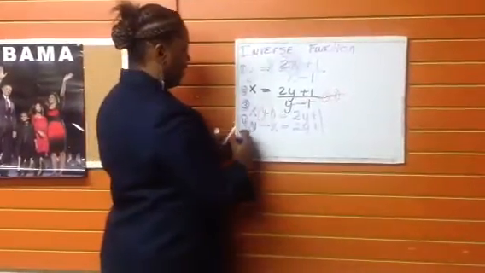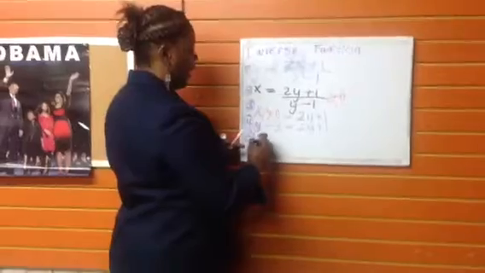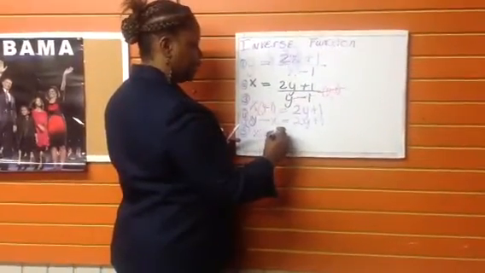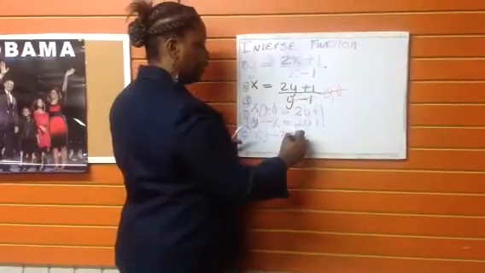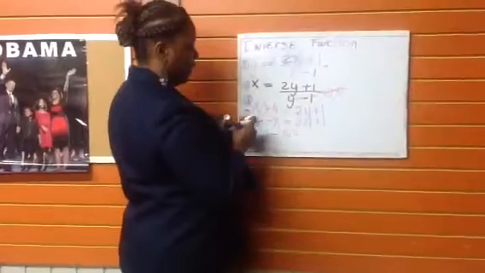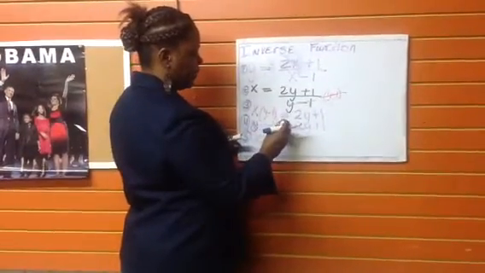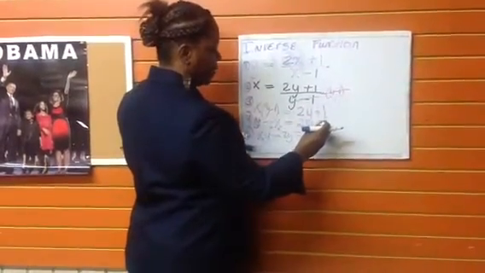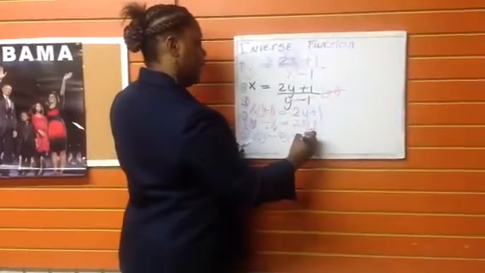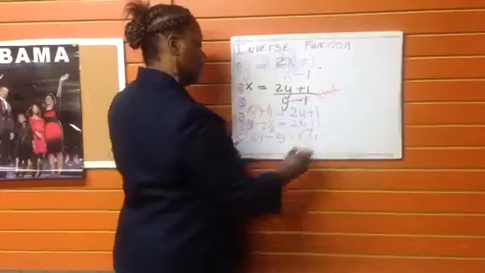So at step 5, I'll have xy minus 2y equals, I'm bringing this over to the other side, I'm adding a positive x to both sides. I'm going to add an x over here. So I'll get x plus 1.